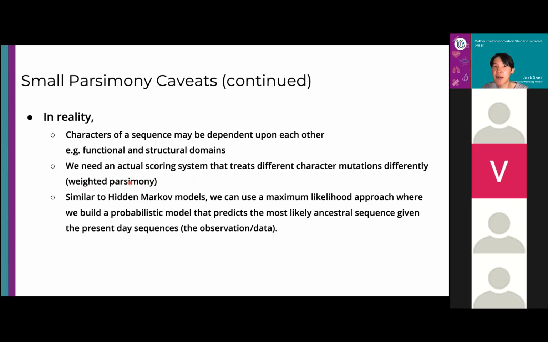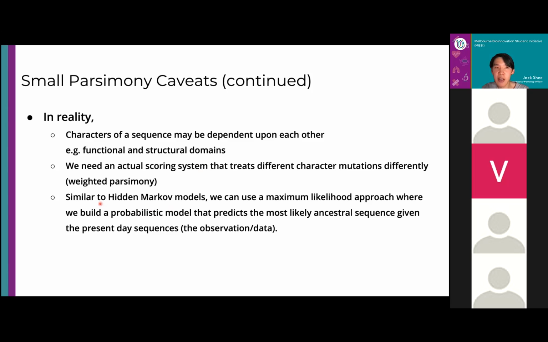We basically have a scoring system now that gives us a different score for a certain mutation. So when we update that length, it's not always just going to be +1. It's going to be whatever the score indicates.